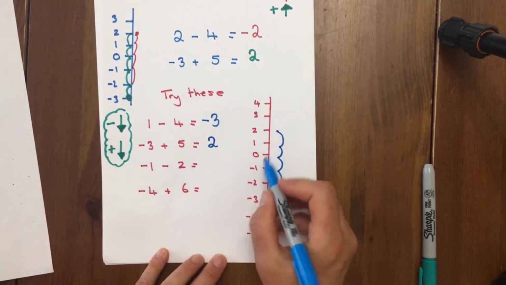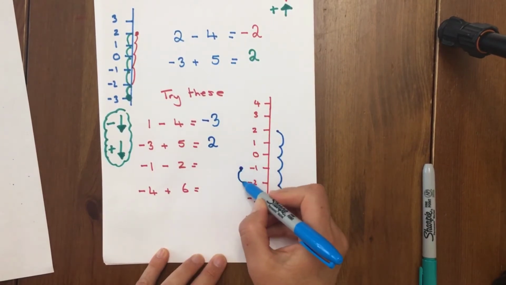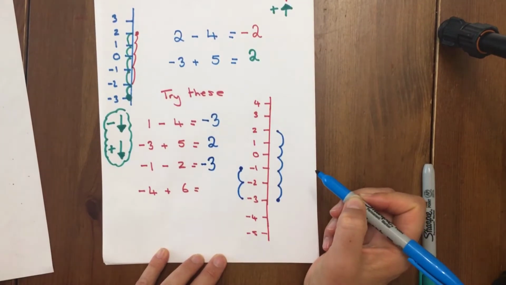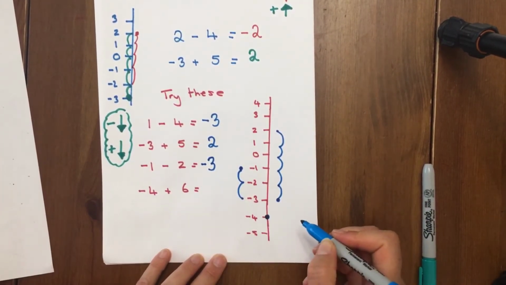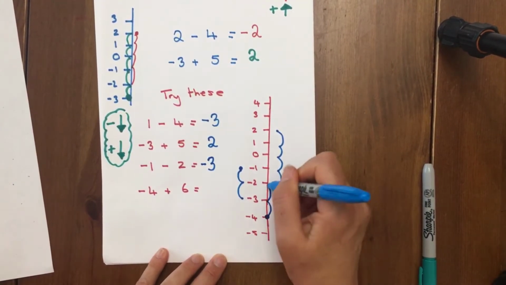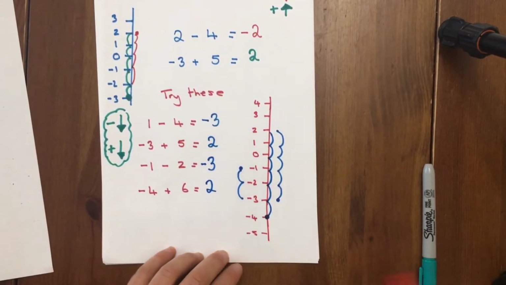Here, -1, start at -1, go down the number line, go down 2, we end up at -3. The last one, start at -4 and go up 6. 1, 2, 3, 4, 5, 6. We end up at 2.